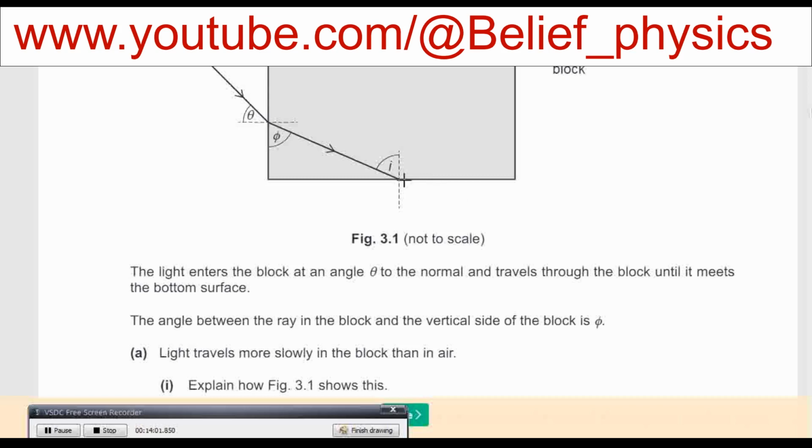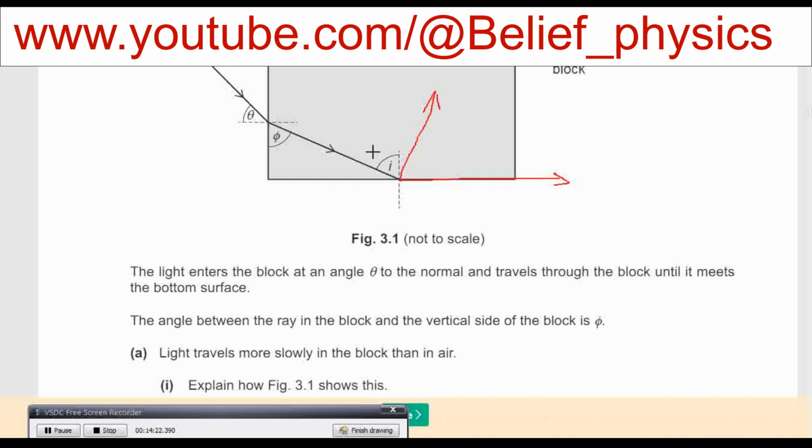At critical angle it will go like this, and if the angle of incidence is greater than the critical angle, then the ray of light will be reflected back into the original medium. This is known as total internal reflection.